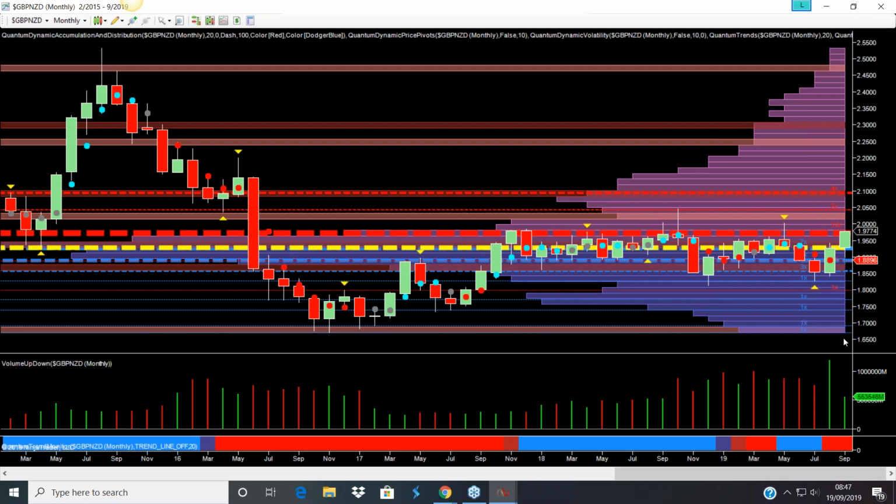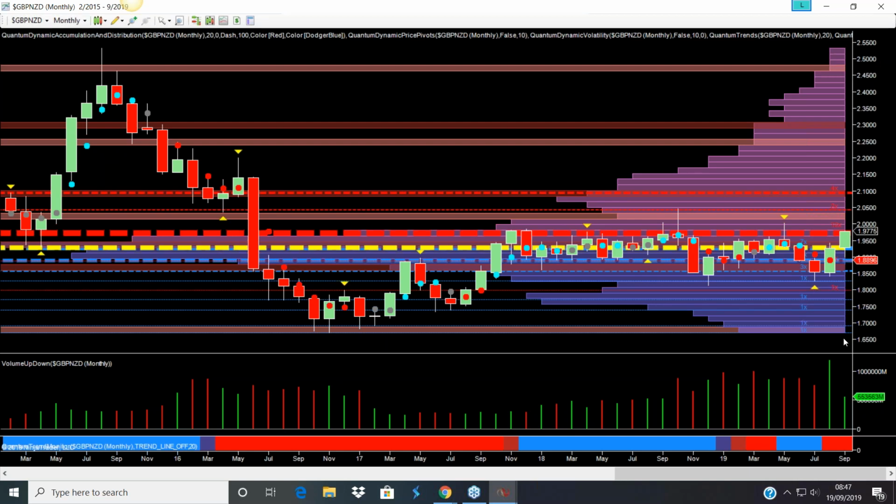MT4 and MT5 are fantastic, great platforms when you start, but there'll come a point when you may have to look beyond them, particularly if you use the kind of information these platforms contain in terms of volume. It allows us to develop different indicators.